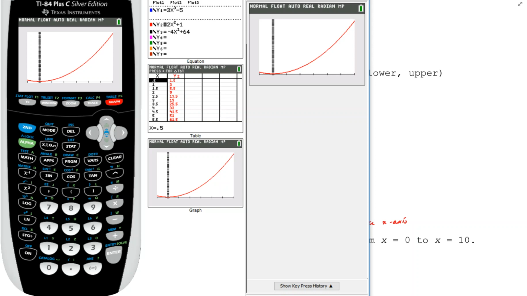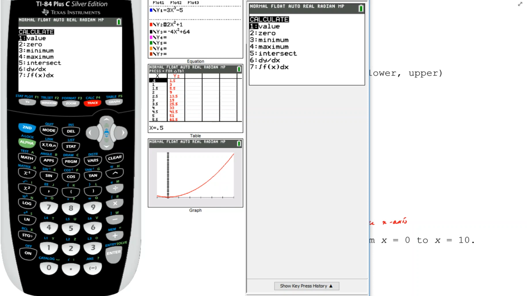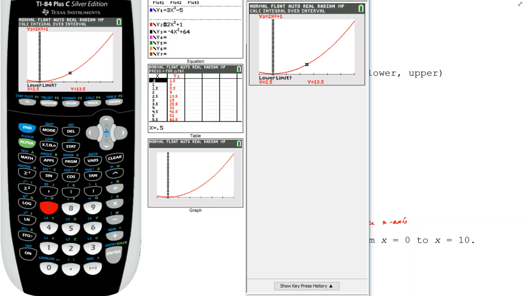But I am going to now get the value of the integral with, I'm going to use my trace button, my second calc. So second calc. And if I look at number 7, it looks like a little integral. And my lower limit is 0. It's asking for the lower limit. And then the upper limit is 5. Enter.